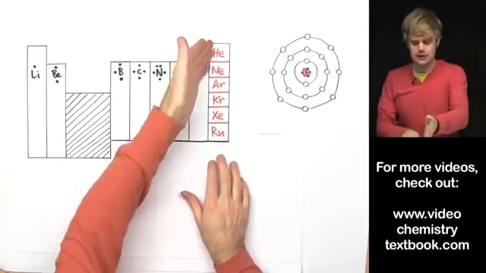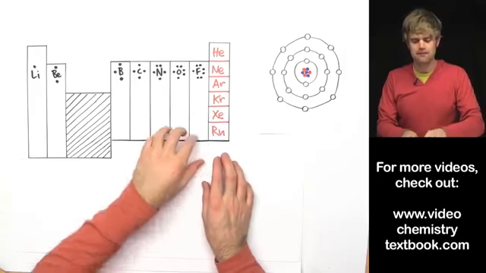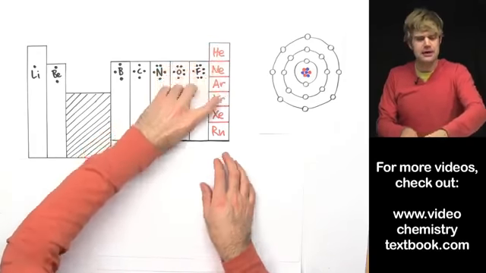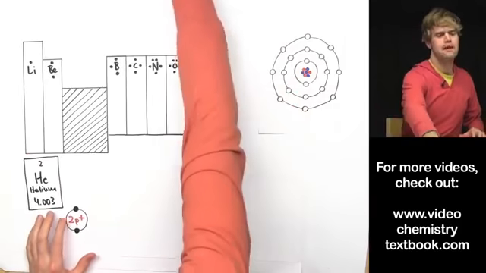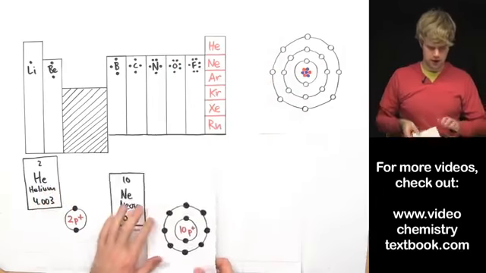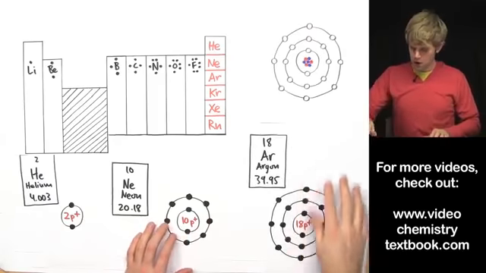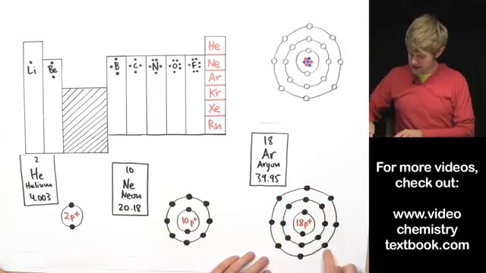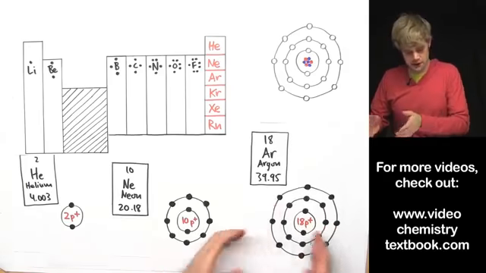Now here's the last column that we're going to talk about. Okay, look at what happens here. We'll look at helium, neon, and argon, okay? Here's helium, here's neon, and here is argon. Notice that argon has 8 valence electrons, doesn't have any empty holes in its valence shell.